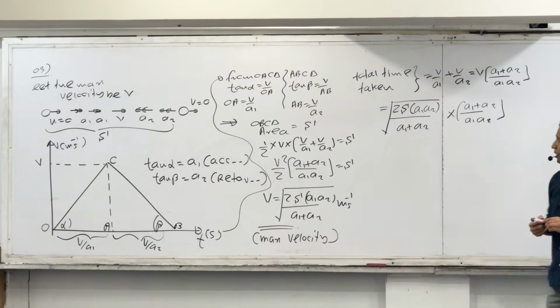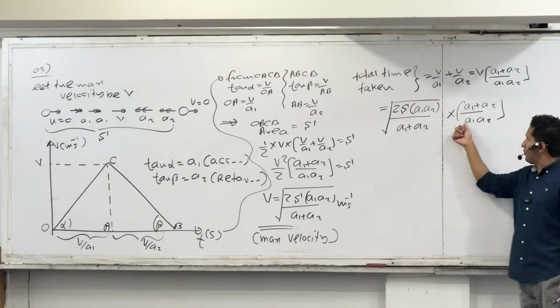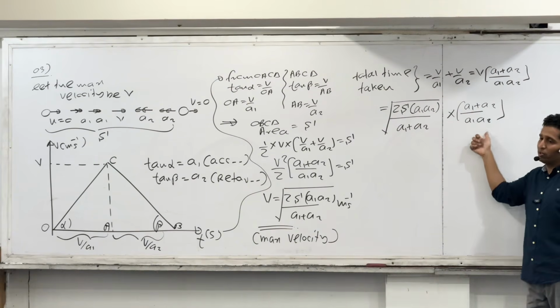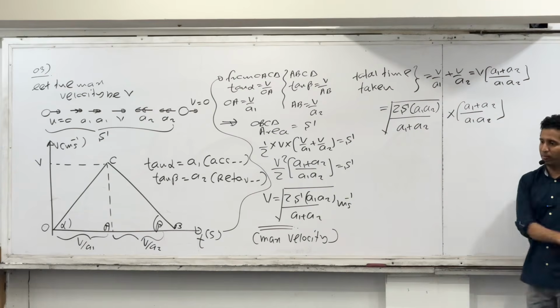What will happen? A1 A2 root and A1 A2 root cancel, and A1 A2 root is remaining in the denominator.